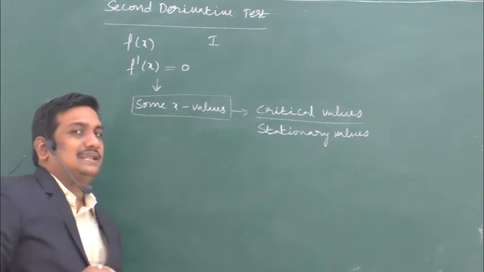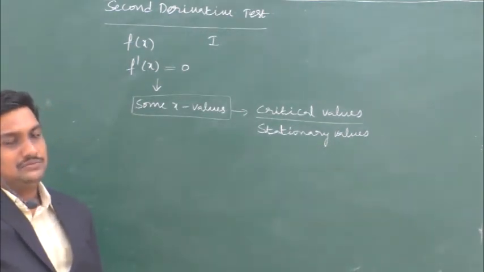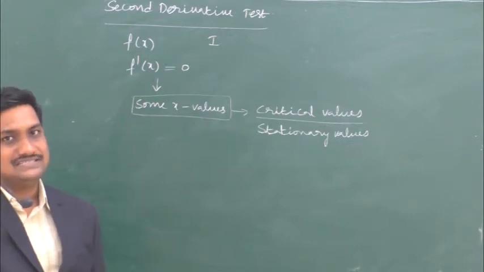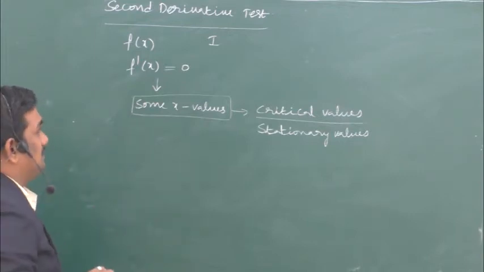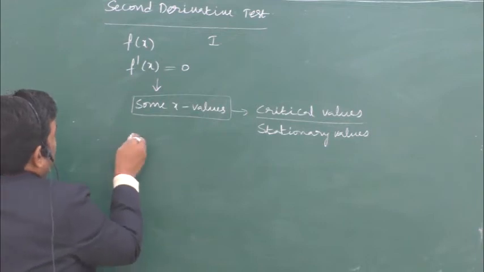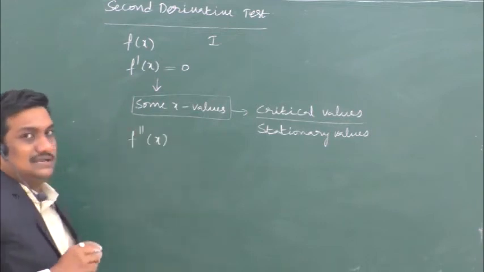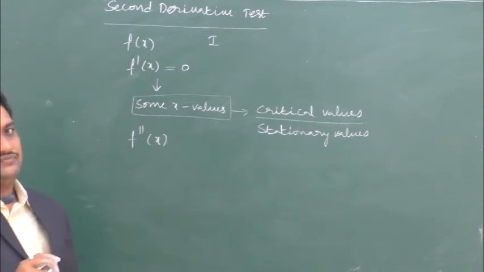At a critical value or stationary value, the maximum or minimum of a function may or may not exist. Now let us find the second derivative for the same function, that is f double dash of x.